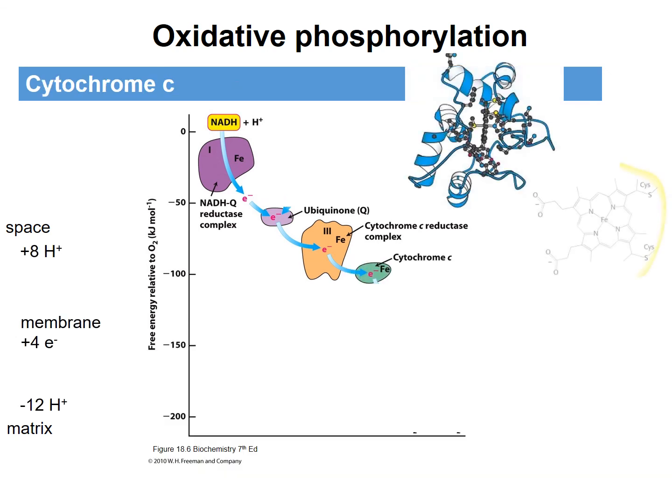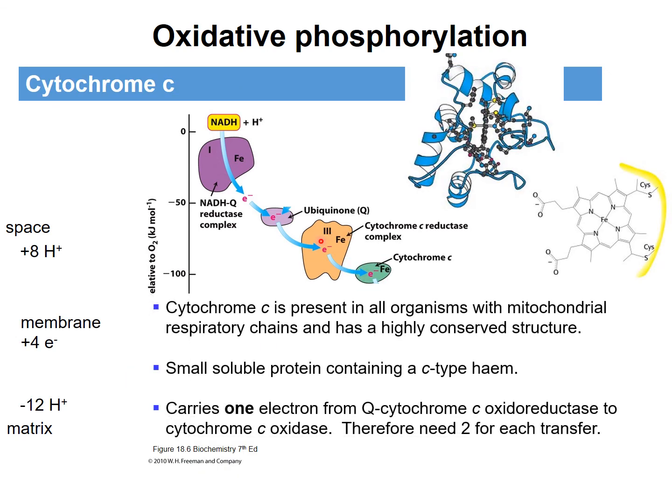Next, electrons from complex 3 will be passed to cytochrome C, which is a small soluble protein. This cytochrome C can only take 1 electron each time. As a result, you will need 2 of these proteins for each transfer. Now we know that cytochrome C is a soluble protein, okay?